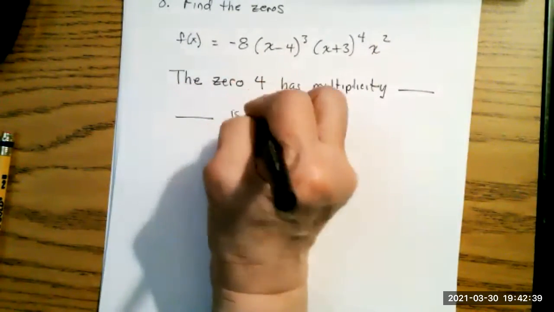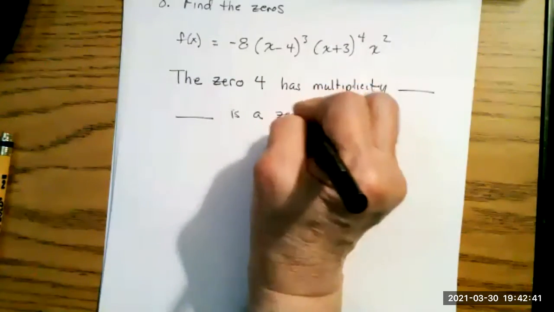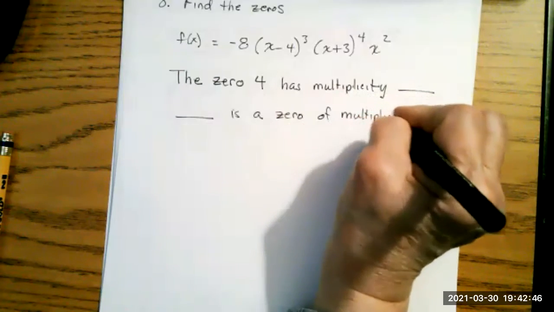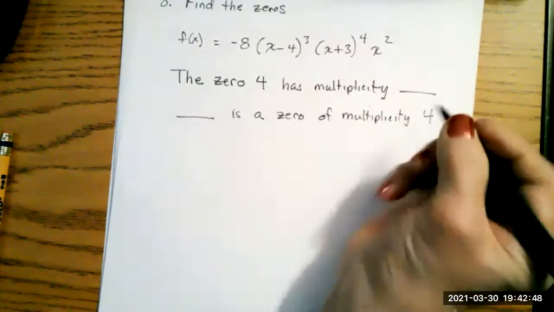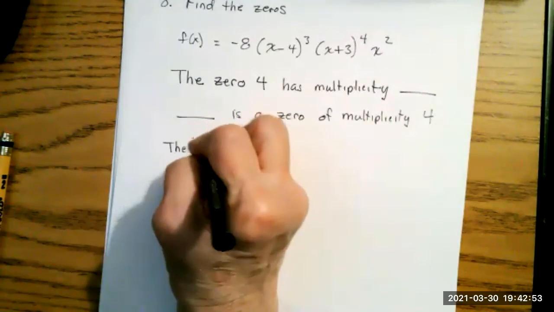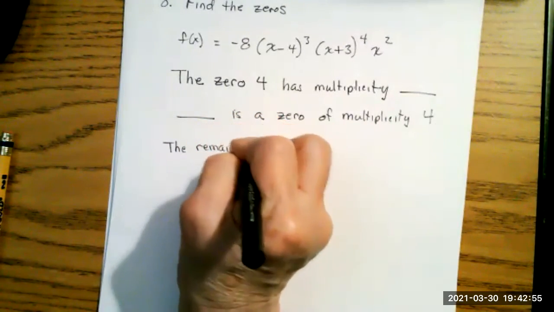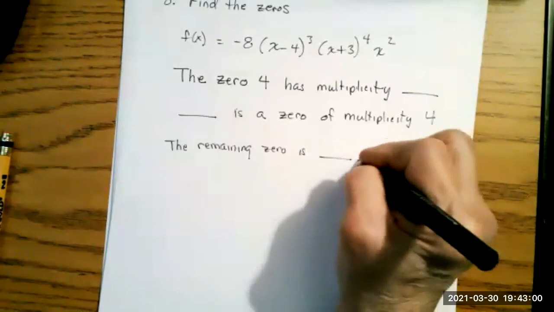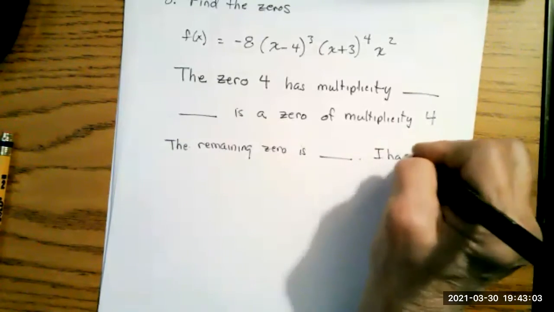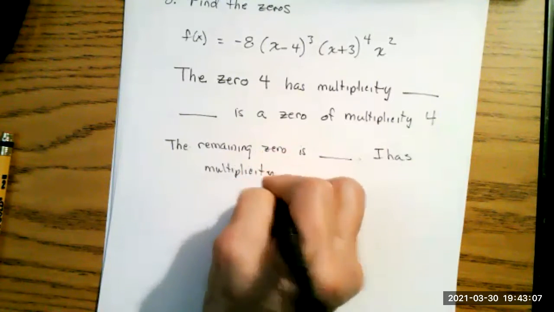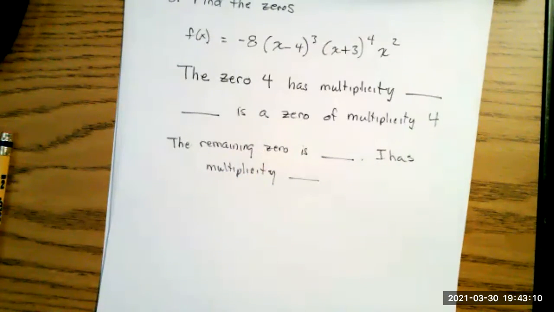Blank is a 0 of multiplicity 4, and then the remaining 0 is blank. It has multiplicity blank. So you have to fill in those blanks.